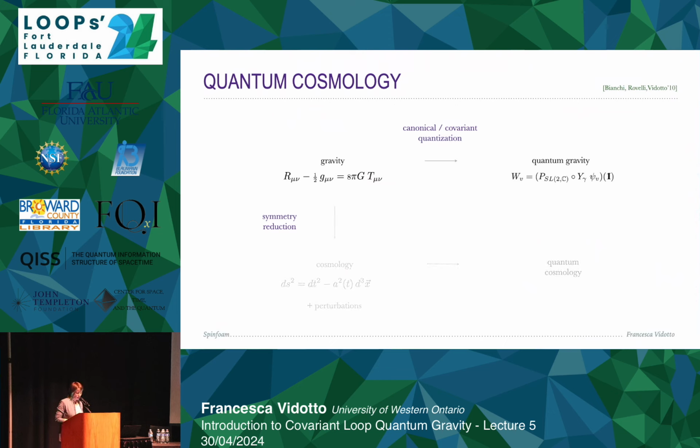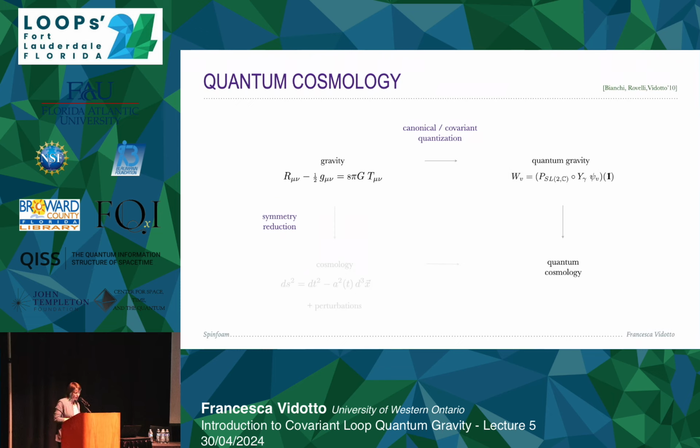So instead of going through the symmetry reduction, what we can do is first to go into the full quantum theory, and then see how we can find a sense in which we can recover a cosmological sector within the theory, okay?